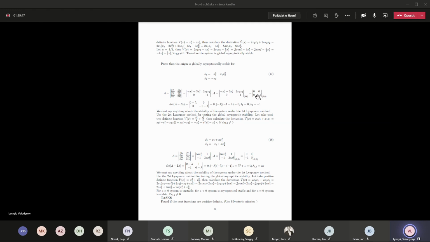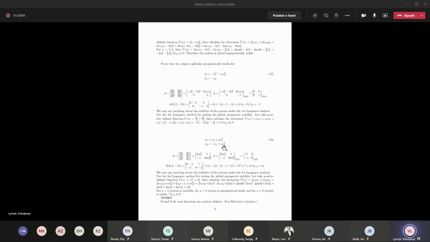At the origin, the eigenvalues are lambda 1 equals 0 and lambda 2 equals -1, and we cannot say anything about the stability of this system based on the first Lyapunov method. We need to use the second Lyapunov method.